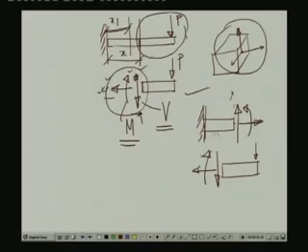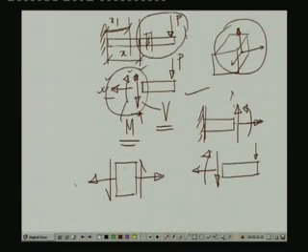If we take an element out from this beam and look into that element, the shear on the right face is going upward, on the left face it is downward, the axial force on the right side is pointing towards positive x direction and on this side towards negative x direction, and the moment is anticlockwise here and clockwise on this face.